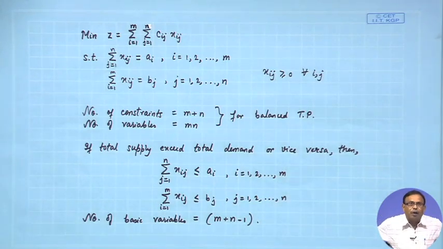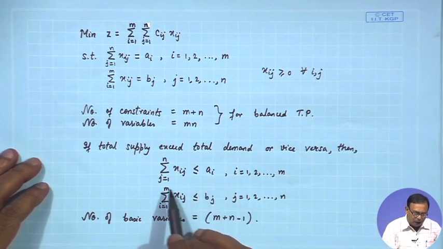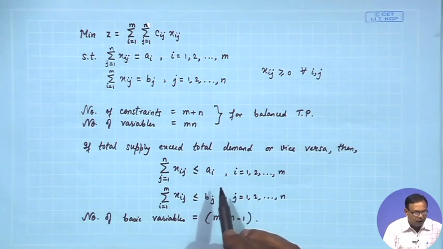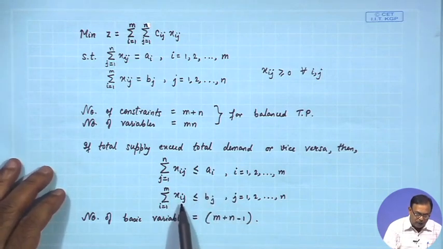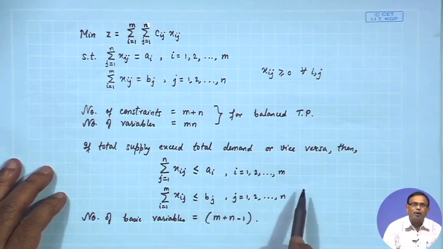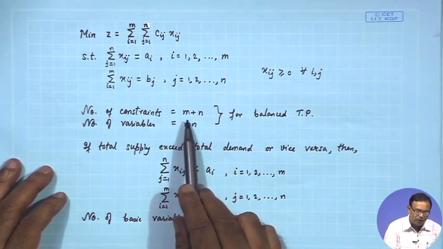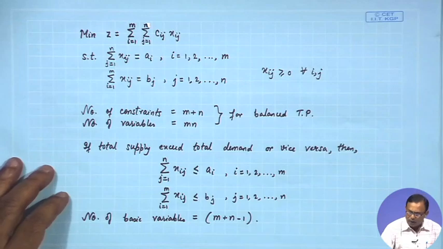If total supply exceeds the total demand or vice versa, then summation j equals 1 to n xij should be less than or equal to ai, and summation i equals 1 to m xij should be less than or equal to bj, where i will vary from 1 to m, j will vary from 1 to n. Therefore, the number of basic variables for this case will be m plus n minus 1, since the number of constraints is m plus n.